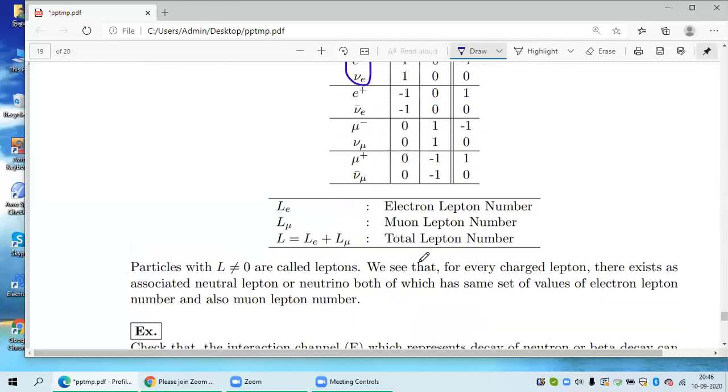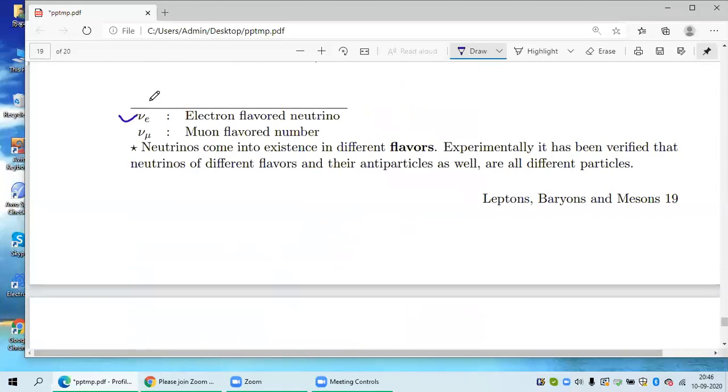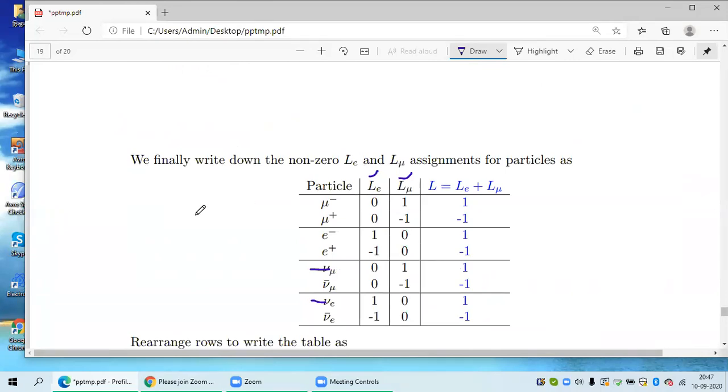So nu E and nu mu are called electron flavored neutrino and muon flavored neutrino, and you now realize why we use the symbol E in the subscript. It takes care of the fact that this particle nu E has the same set of Le mu arrangements as the electron, and nu mu has the same set of Le mu arrangement as the mu minus.